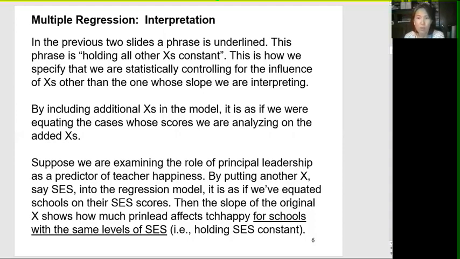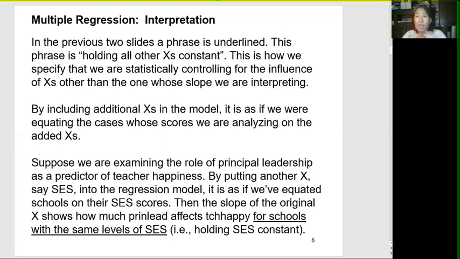Then the slope of the original X shows how much principal leadership affects teacher happiness for schools with the same levels of SES. Yes, you want to compare. You want to know the relationship between principal leadership and teacher happiness. At that time, in order to compare each person's relationship between principal leadership and teacher happiness, you have to hold the same level of SES.